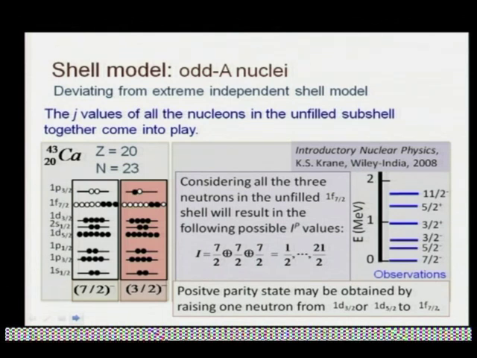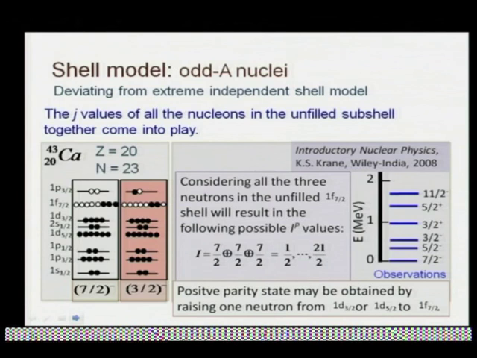You would expect an excited state with 3/2 plus or 5/2 plus at an energy of at least about 2 MeV, whereas here it is much less than that: for 5/2 it is about half of that, and 3/2 and 5/2 have a little more than that.